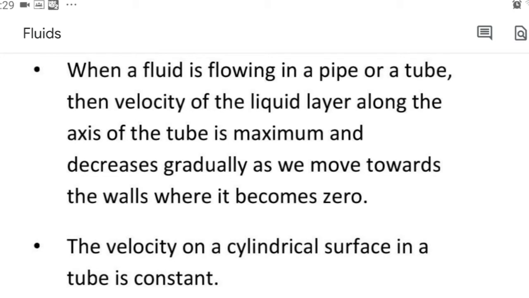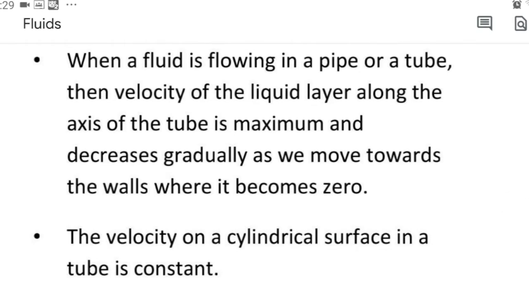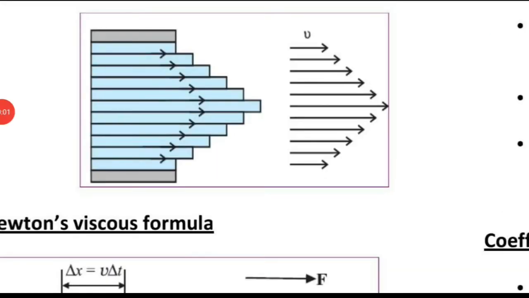So the innermost layer, the middle one, will have the highest velocity. This diagram shows the streamlines of a liquid flow through a tube. The length of the streamline shows the velocity or the speed. So speed is maximum in the middle.